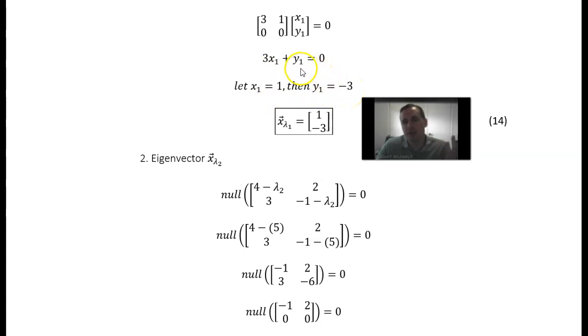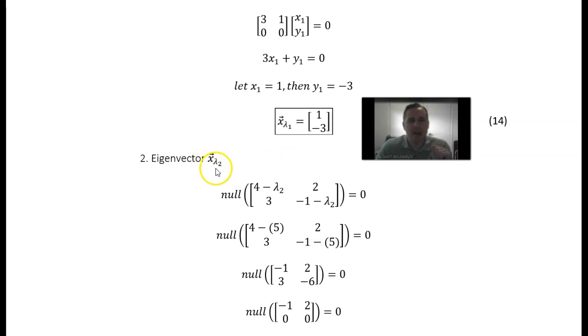Notice that if I had chosen y1 to be 1, then x would have been negative 1/3. But notice that you're going to still end up with this, basically, if you multiply through by a constant. So whatever you end up with for your eigenvector, it ends up being, again, in the same direction, but just scaled. Now, here's the idea. This eigenvector, what that means is that vector direction does not change under the matrix transformation of the matrix A.